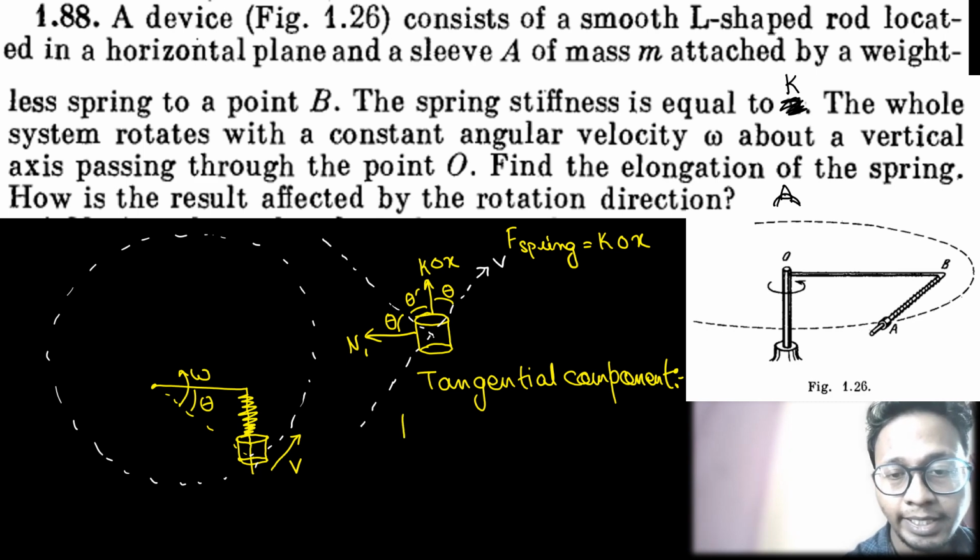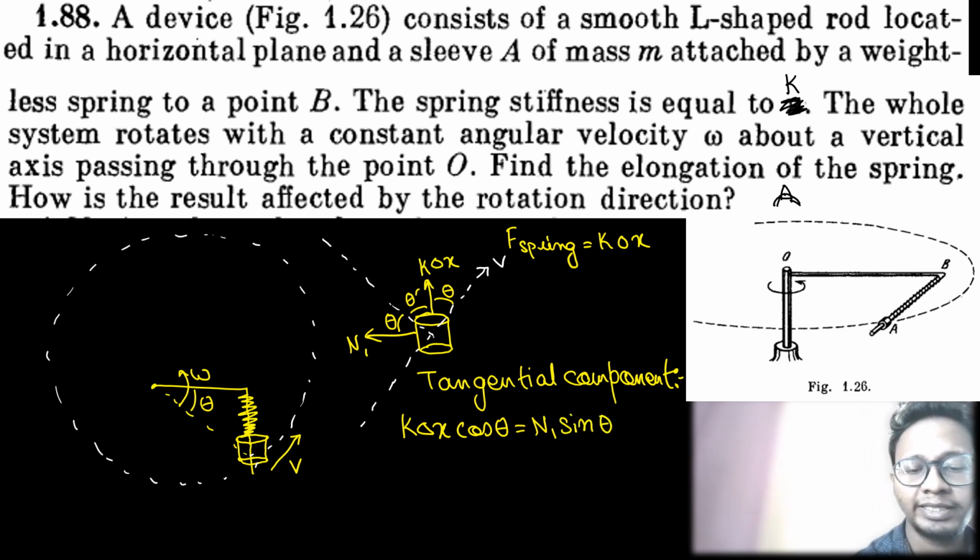Can I say K delta X into cos theta, that means the component of the spring force along this direction, is equal to N1 sine theta. If this is theta, this would be theta dash, so N1 cos theta dash, or cos (90 minus theta), or N1 sine theta. Since there is only one reaction force, let's not name it N1, let's name it normal reaction force.